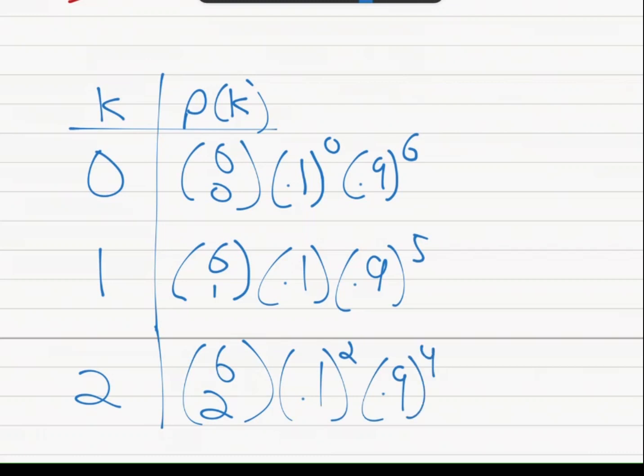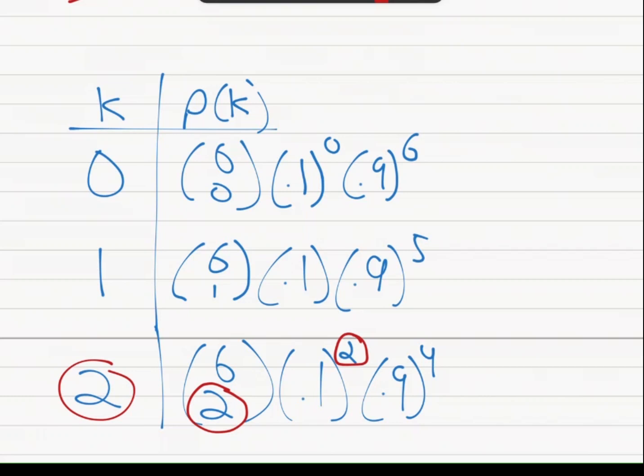So like before, it's the total number of trials, choose the number of successes, the probability of success raised to the number of successes power, and the probability of failure raised to the number of trials minus the number of successes power.